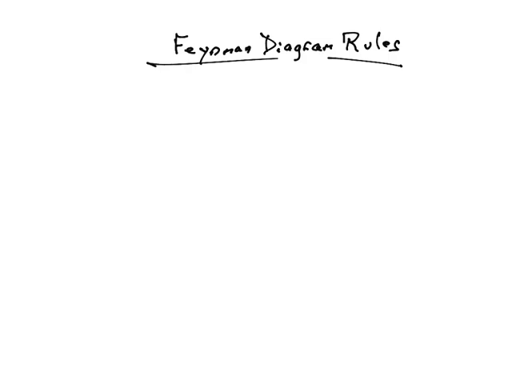There's actually just a few rules, and as long as you follow those rules, the diagrams you draw will be for allowed interactions. Because of course we could draw anything we want. It doesn't mean it's something that could actually happen in this universe. So we want to make sure that when we draw a Feynman diagram, or when we look at a Feynman diagram someone gives us, we can tell whether it's a true one, an allowed one, or whether it's nonsense.